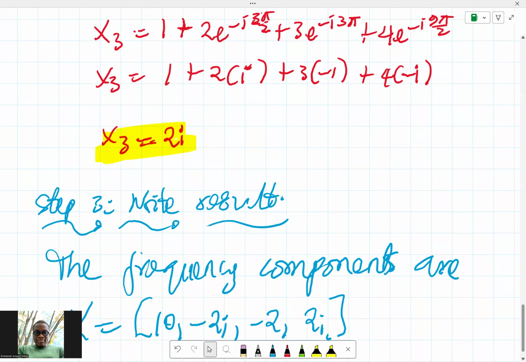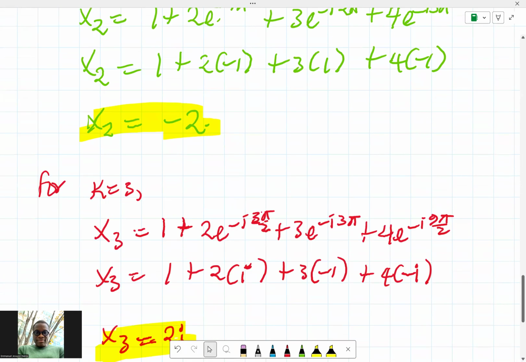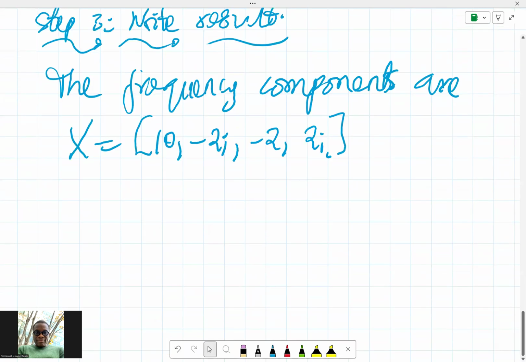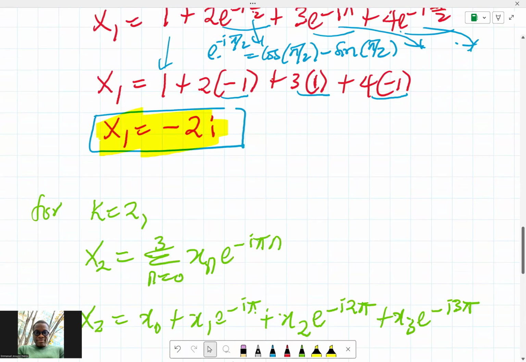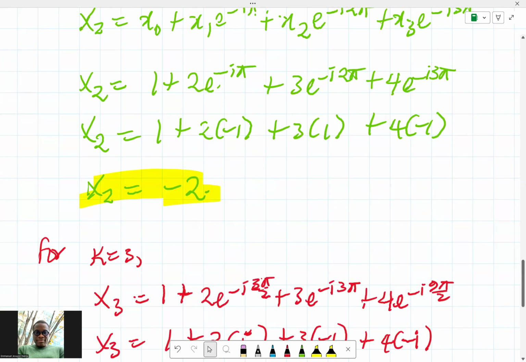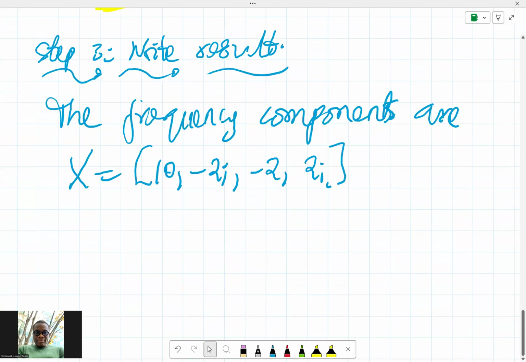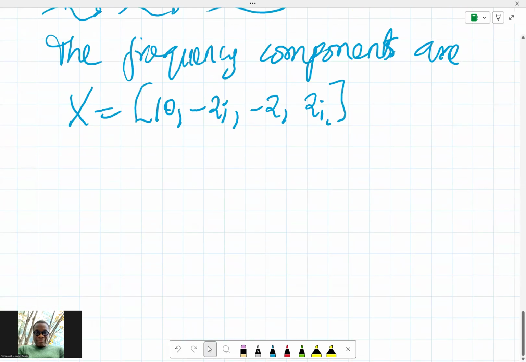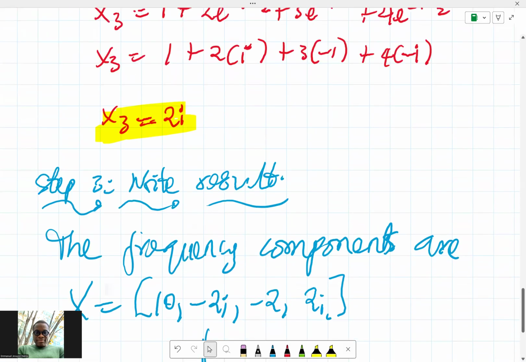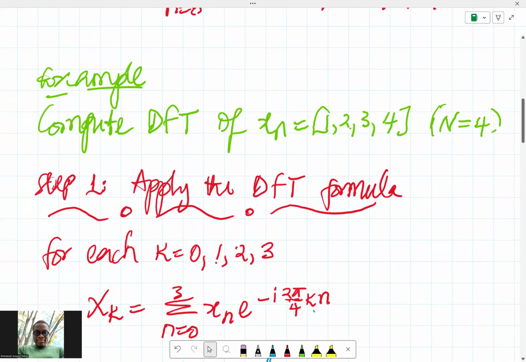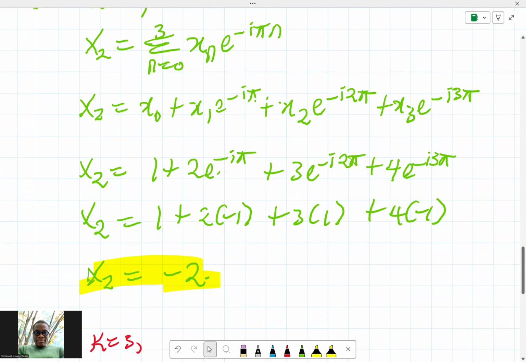So we are bringing all these results together. That's 10, minus 2i, minus 2, 2i. So those are the components corresponding to all the xn's we had initially, 1, 2, 3, 4.